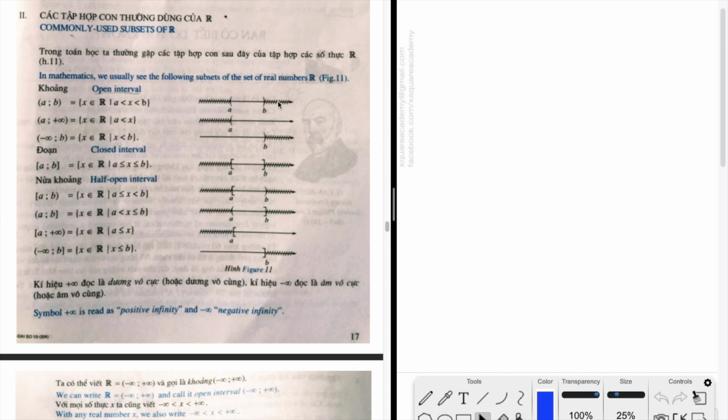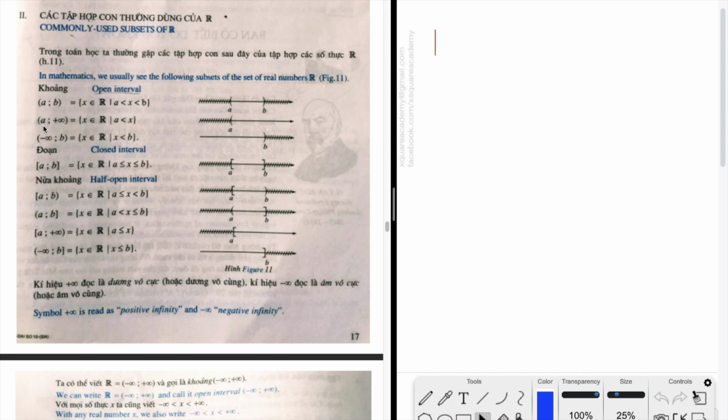And this is the number line. You see, the opening parenthesis represents x greater than a, and the closing parenthesis represents x less than b.